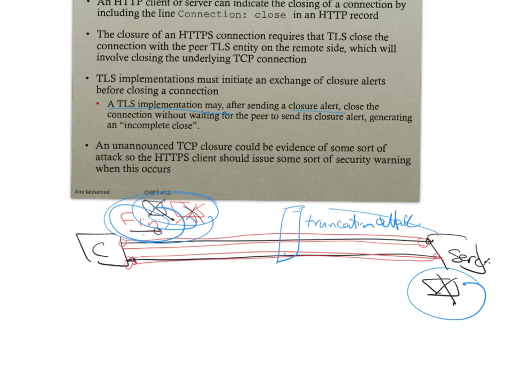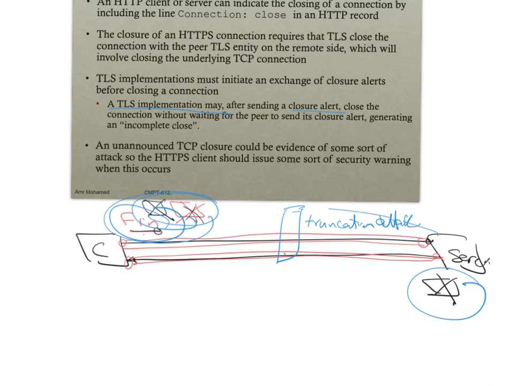Why? Because the server may send the acknowledgement, but may still continue communication and then later on disconnect. So for TCP, that might work. For security, that should not work because there is some attacker in the middle who might utilize that to provide some truncation attacks and so on and so forth. So the connection closure needs to be done synchronously.